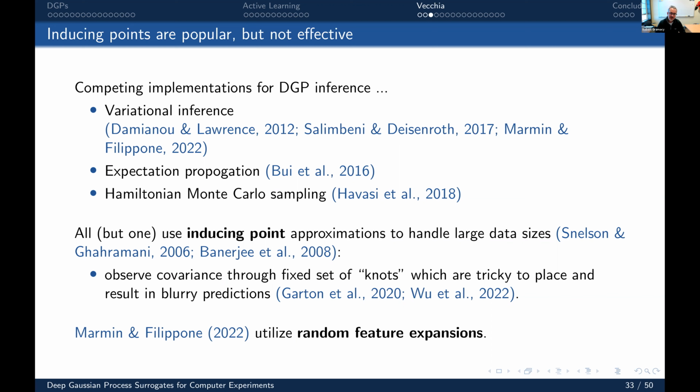You can't increase fidelity with your deep Gaussian process and then decrease it for computational speed and expect to end up somewhere nice in the middle. My experience with these is exactly that. They're very fast, but they're not super accurate, at least not for the problems that I've been studying. And I'll show you those results a little bit later.